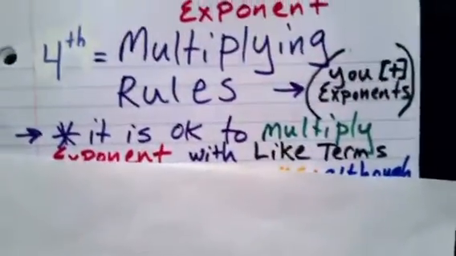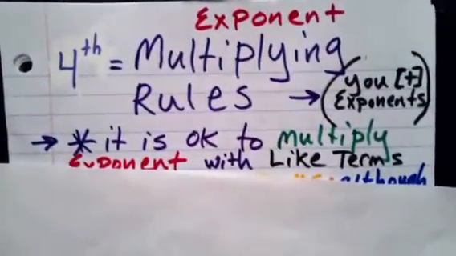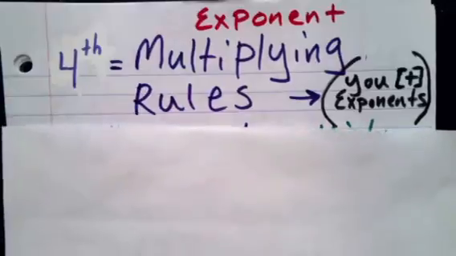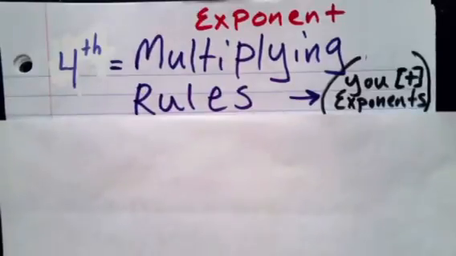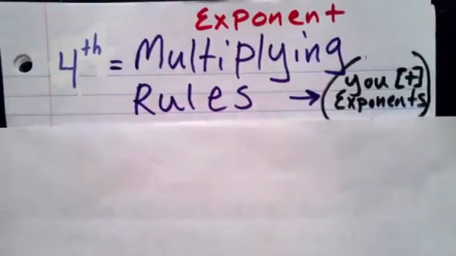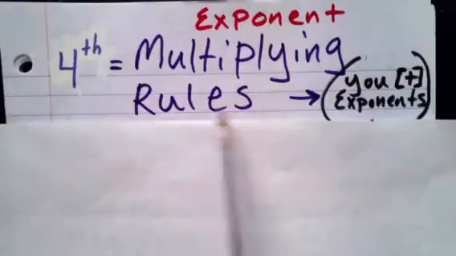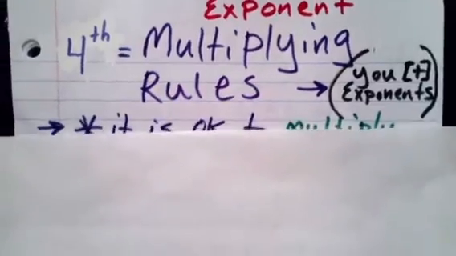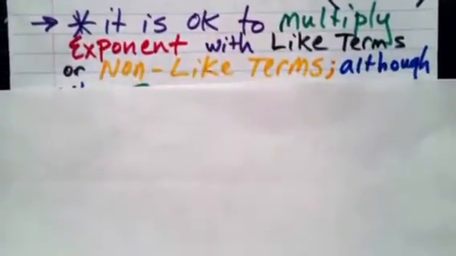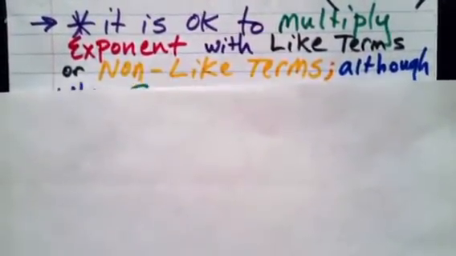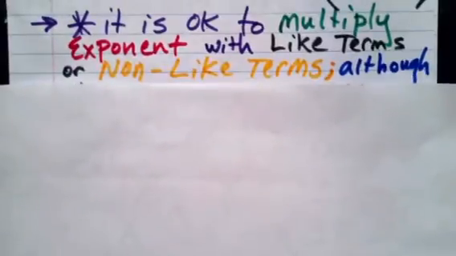So hey, let's talk about multiplying rules, okay? Your exponents you add, right? So when you multiply, you add those exponents. And let's take a look at the rules and some examples. So it's okay to multiply exponents with like terms or non-like terms.